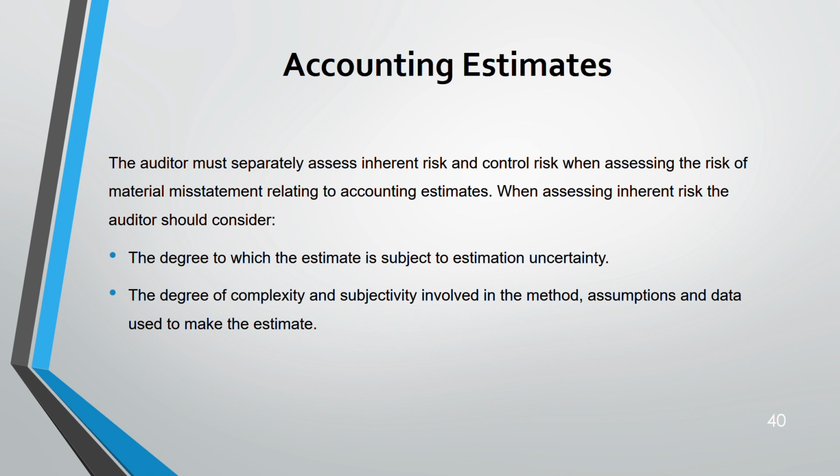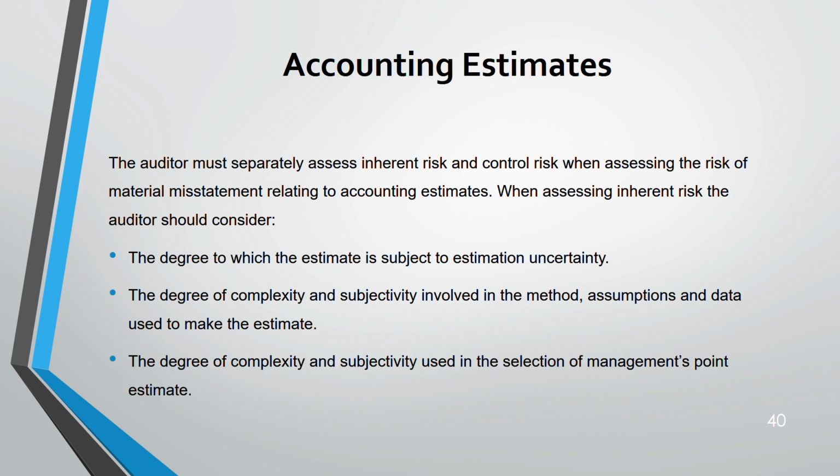If the data used to make the estimate is complex and more subjective, then inherent risk is more. When the managers are selecting their own estimate, how complex and how subjective it is matters.